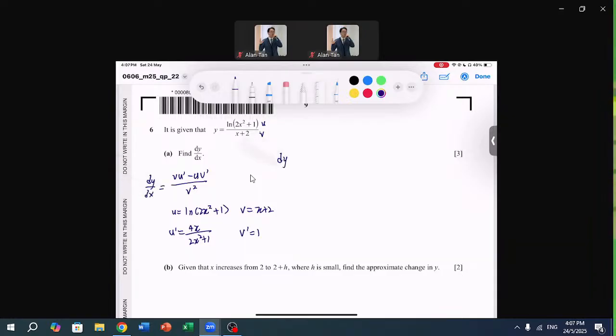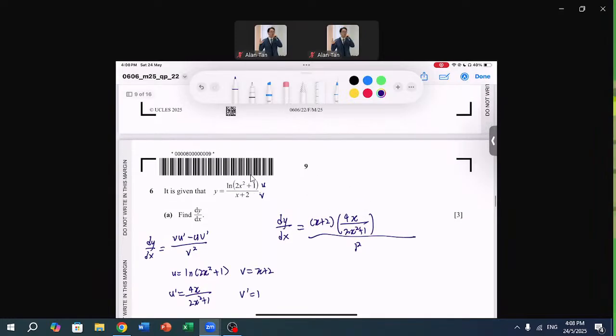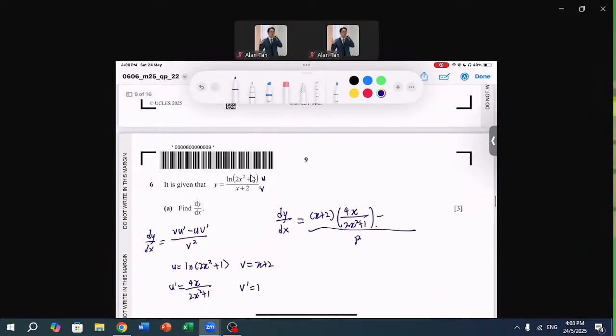So dy/dx equals, since v squared is 1, you can put 1 squared for the sake of it so that it looks nice. Then v u prime, so x plus 2 times 4x over 2x squared plus 1, minus u v prime, minus ln of 2x squared plus 1.